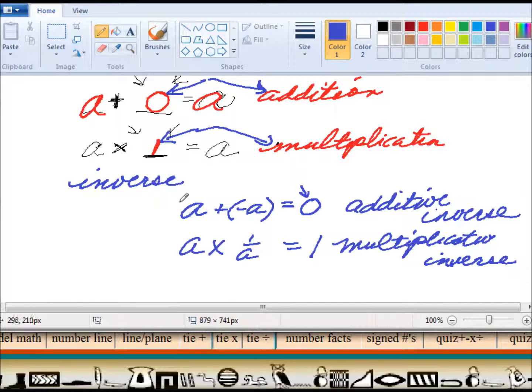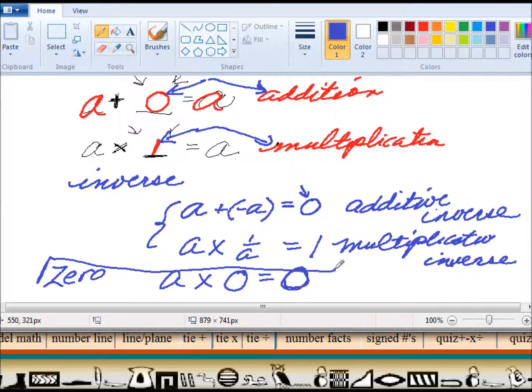Now, in addition to these inverses, the additive inverse and the multiplicative inverse, there's this 0 property that when you multiply any number times 0, you're going to always 100% of the time get a 0. So sometimes you'll be asked to identify this special multiplicative property of 0. It is not the same as the multiplicative inverse. It's the 0 property, the multiplication property of 0.